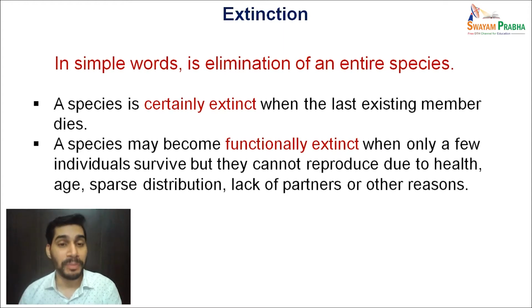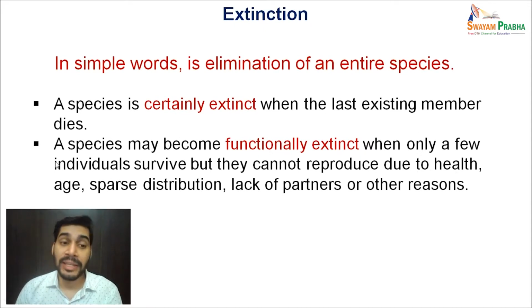Now, besides this, there can be a sort of functional extinction as well. What we mean by functional extinction is that the members of that particular species are still alive, but these members are unable to reproduce. In other words, they are surviving, but they are unable to bring forth offspring or progeny. There can be various reasons for this inability to reproduce. It can be the poor health of the remaining individuals.